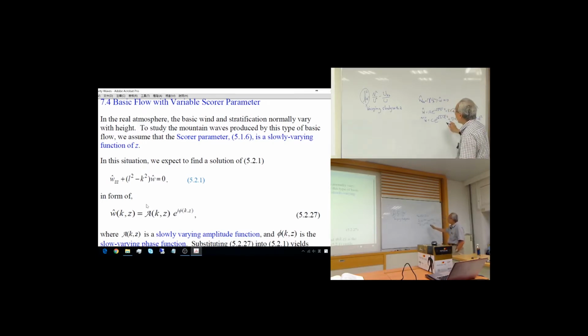Now we no longer can do this. A, B, C, and D are constants with respect to the height.